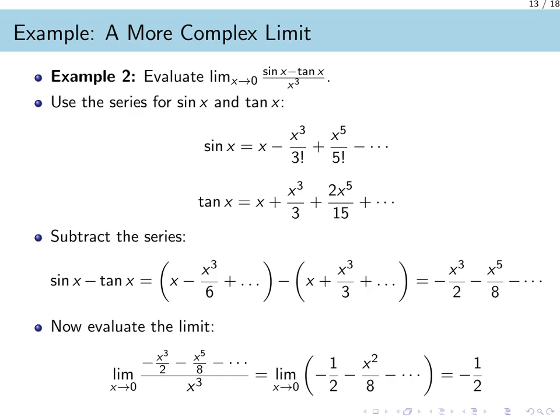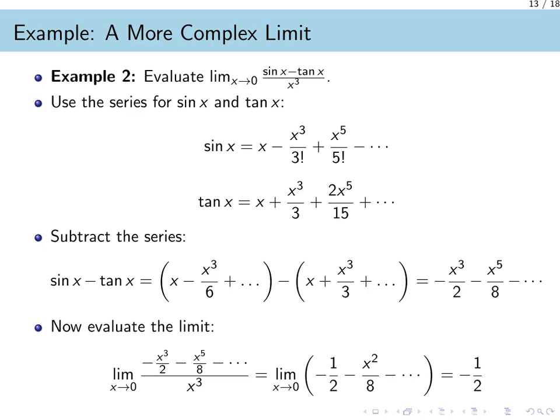The key step is to subtract these two series. Notice that the linear terms, the single x terms, cancel each other out. The next term is negative x cubed over 6 minus x cubed over 3, which combines to give negative 1/2 times x cubed.